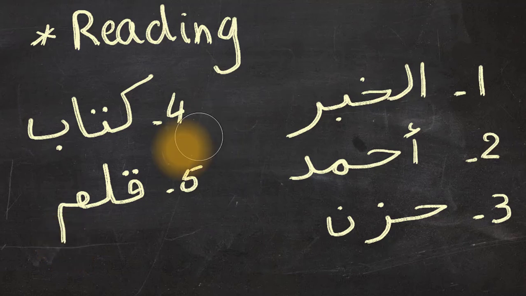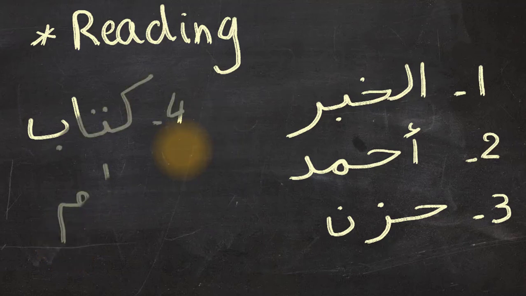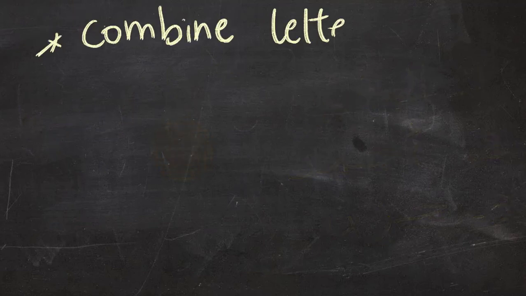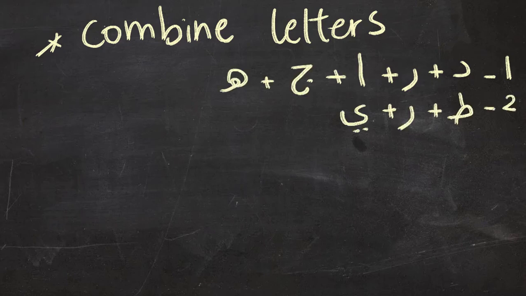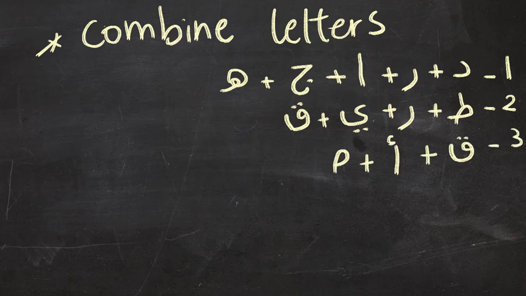Now it's time to go to the last section of this test. The last section is going to be combine letters into words. We're going to see 5 words. Number 1, number 2, number 3, number 4.